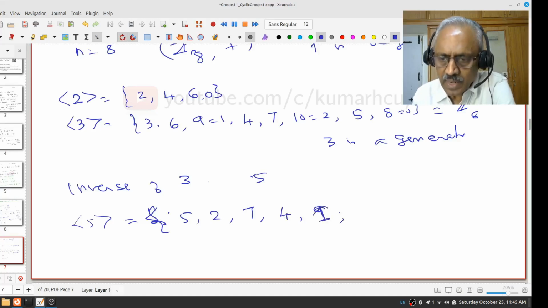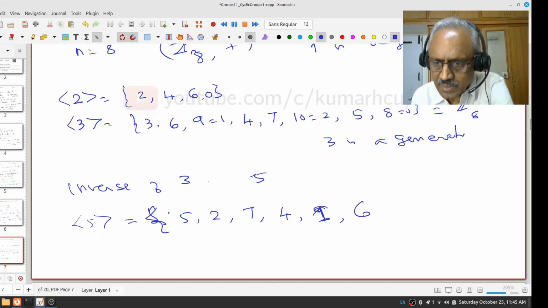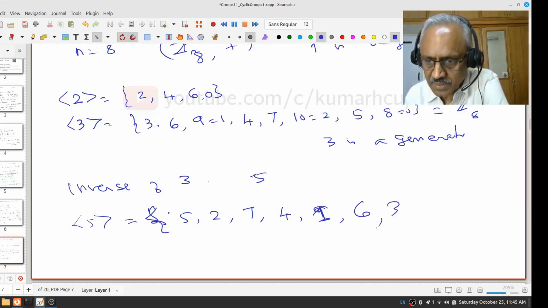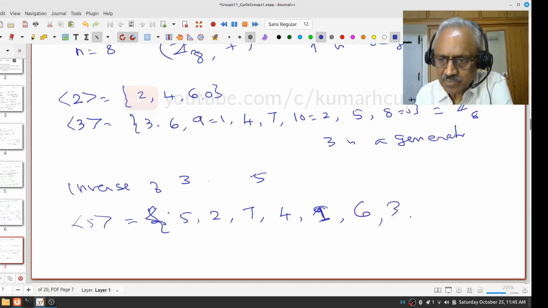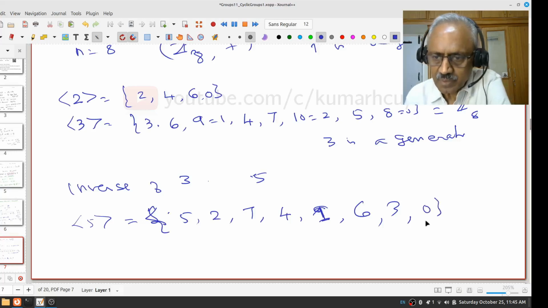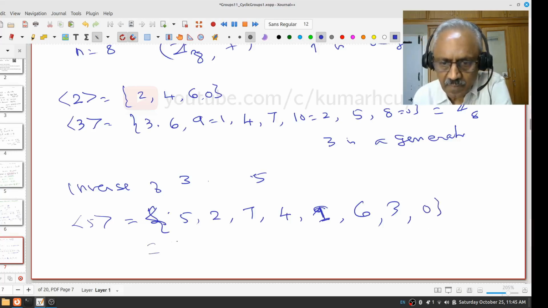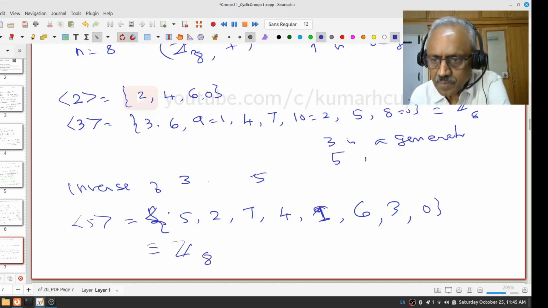And 1 plus 5 is 6. And 6 plus 5 is 11, which is 3. And 3 plus 5 is 8, which is 0. So this is also Z8. So 5 is also a generator.